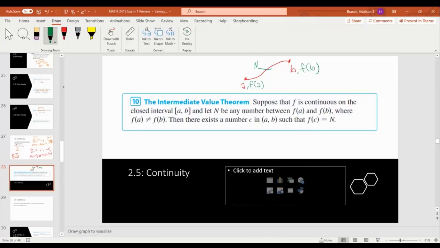And as long as f of a does not equal f of b, then there has to be a number somewhere, c, where f of c equals n.